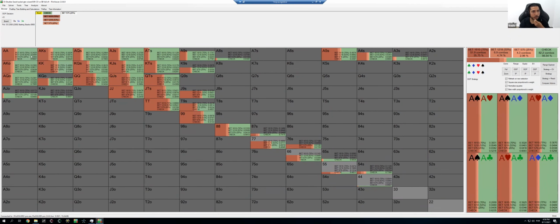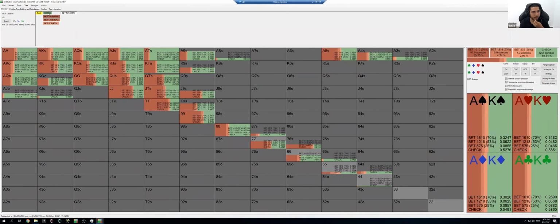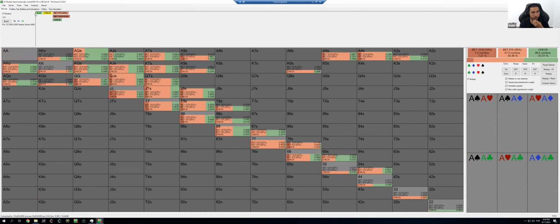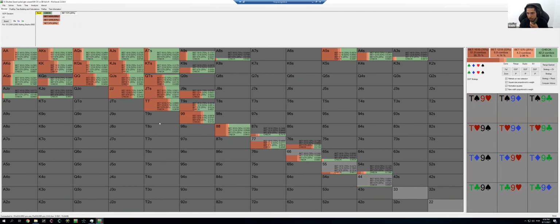I know a lot of people feel like randomizing is way too hard, but it's not. It's actually relatively straightforward. You just have to make sure you randomize some checks with these hands in order to not get exploited by the population here, right? That's off topic. Let's continue.